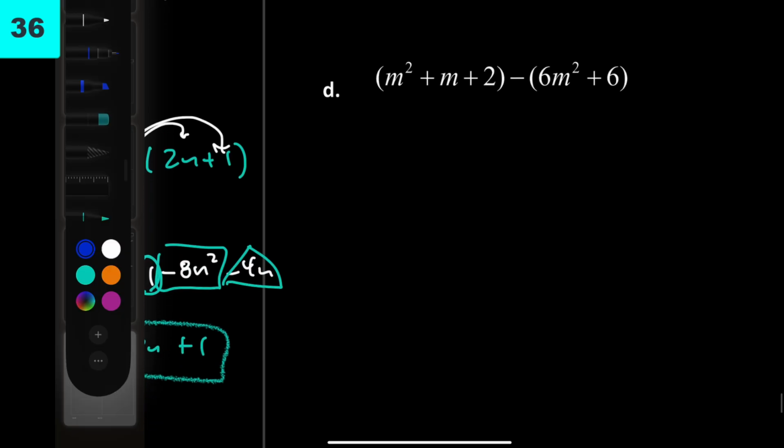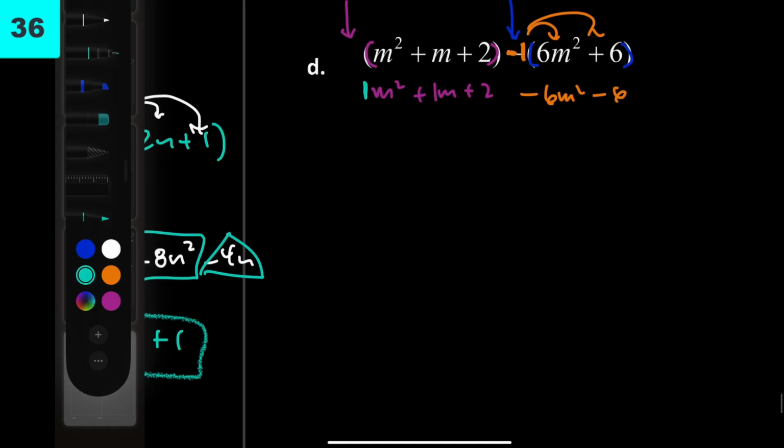Let's look at this one. Same thing. You're going to have to distribute the negative 1 to this blue parentheses here. So negative 1 times 6m squared is negative 6m squared. That becomes a negative 6. Over here in pink, you don't need these parentheses because there's no minus sign, so you don't have to distribute. So you just have m squared plus 1m plus 2.